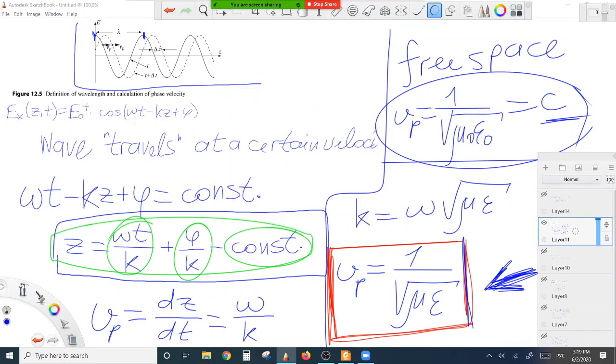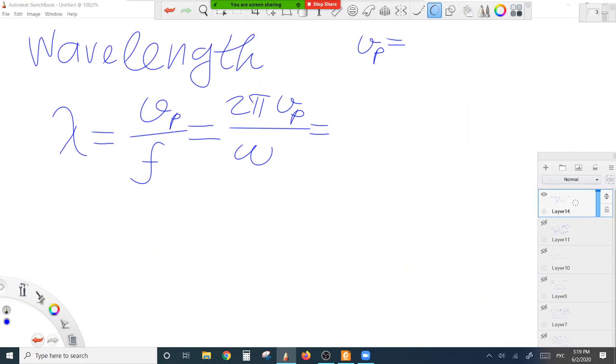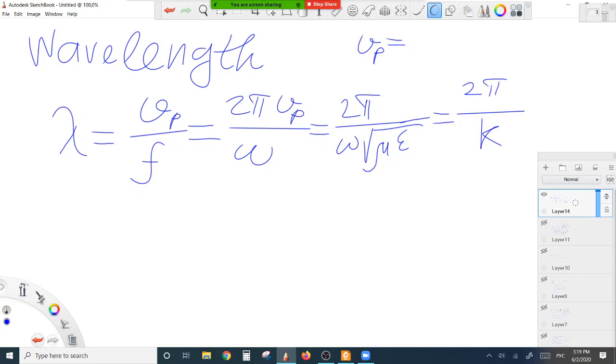Vp we said is equal to 1 over square root of mu epsilon, and we have 2 pi over omega square root of mu epsilon, and omega multiplied by square root of mu epsilon is equal to k. That's why we have 2 pi over k, and the wavelength is measured in meters because it is a distance.